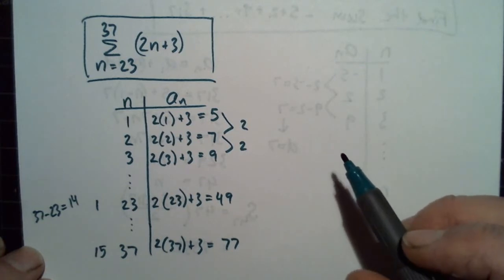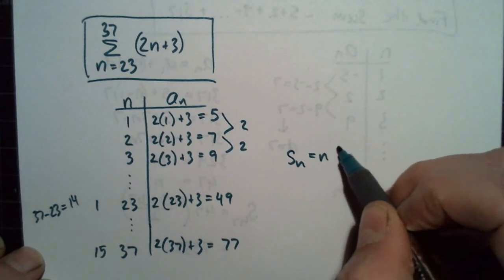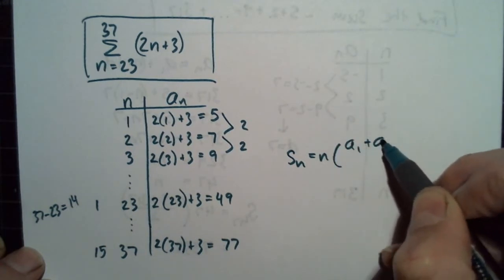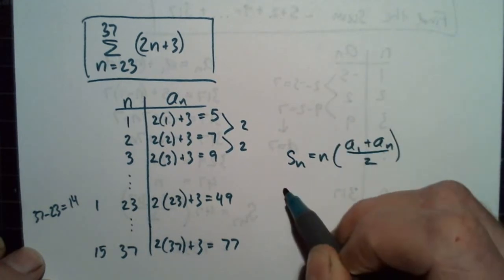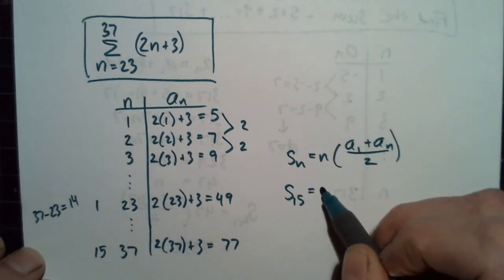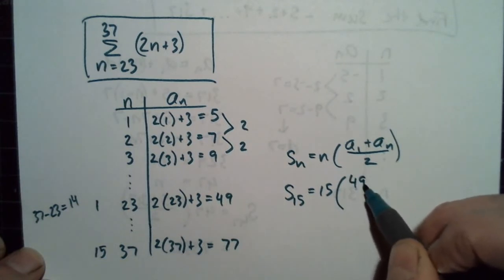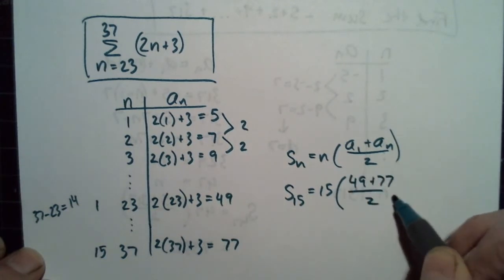So we have Sn equals n, a1 plus an over 2. S15 equals 15, 49 plus 77 over 2.